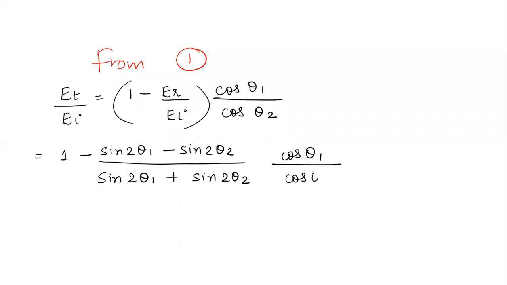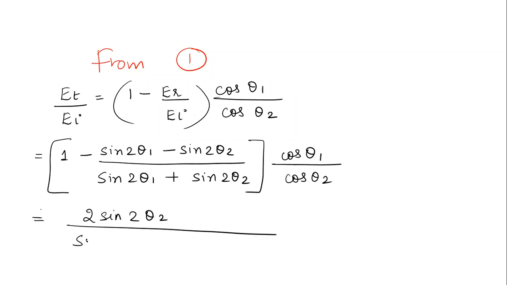So this is how the entire expression looks, right? Now, therefore, ET upon EI can be written as, we are taking the LCM. You can also take LCM and check. This will become 2 sine 2 theta 2 upon sine of 2 theta 1 plus sine of 2 theta 2 into cos theta 1 upon cos theta 2.